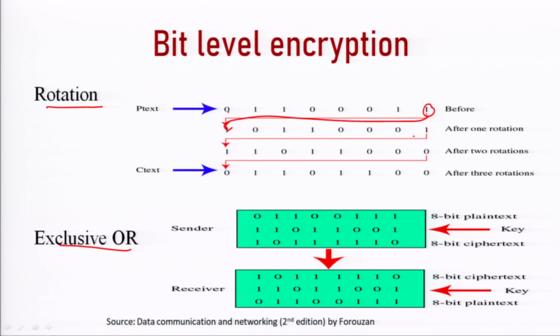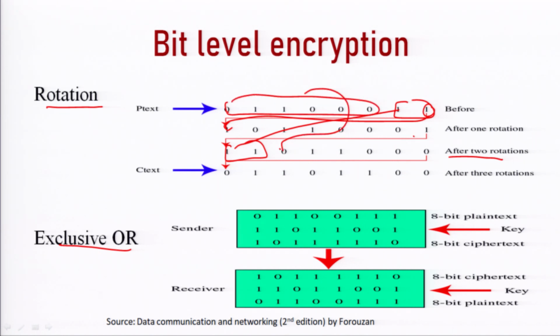After 2 rotations, this 1 1 will come here, and then this remaining message 0 1 1 0 0 will come here. Similarly after 3 rotations, this 0 1 1 will come here, and then the last 2 will come here, 0 1 1 0 0 will come here.